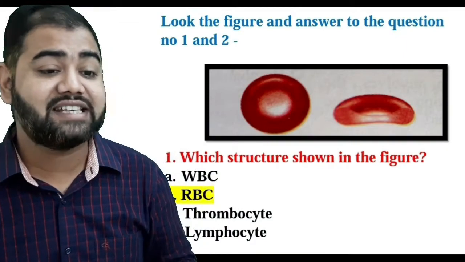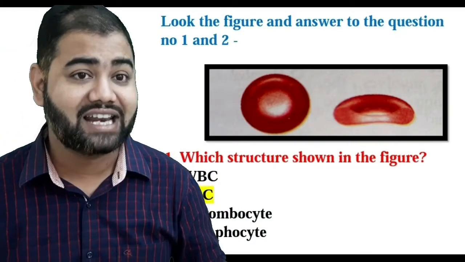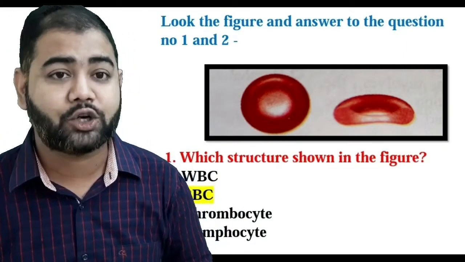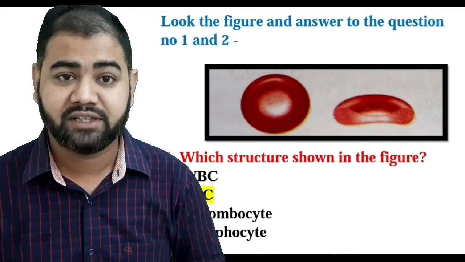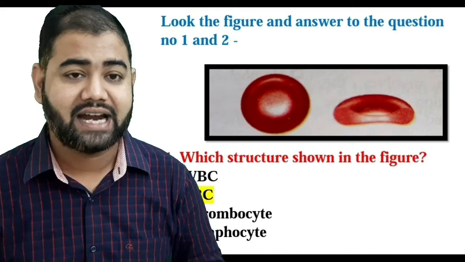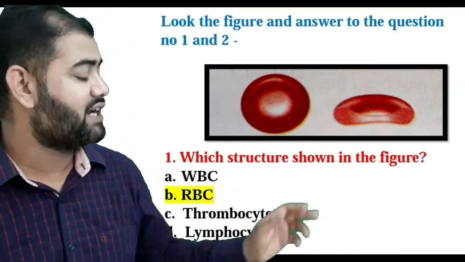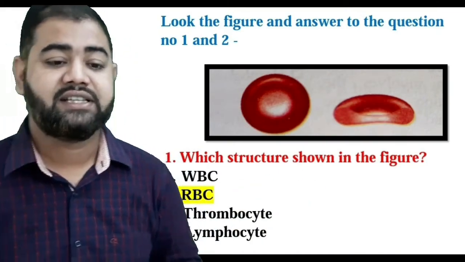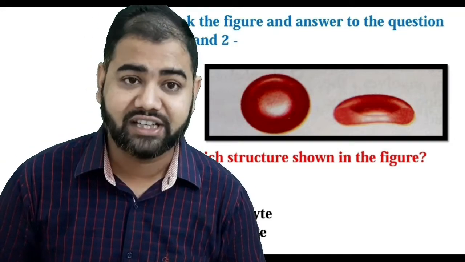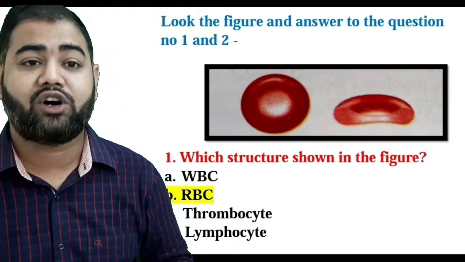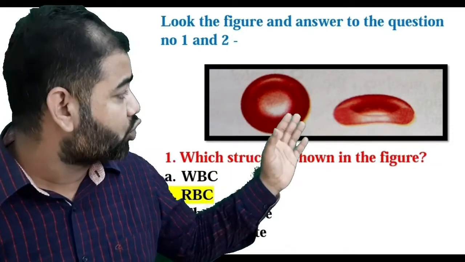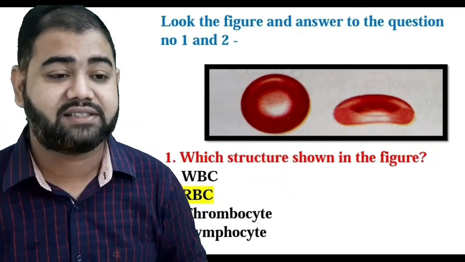Option C, thrombocytes, are the smallest, colorless, non-nucleated, round or rod-shaped blood corpuscles. And the last one, lymphocyte, is large and nucleated. So here we see the structure, size and shape of these types of blood corpuscles.